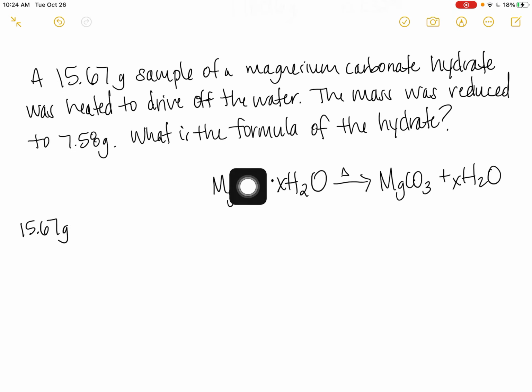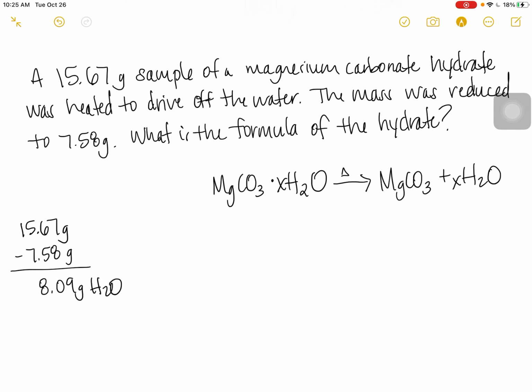This is the whole hydrate, and my 7.58 is what's left, which is the anhydrate. The difference between the two is going to give me the mass of the water. Hold on, I did not do this calculation ahead of time, so I'll have to do it as we're doing it. Okay, so we got 8.09 grams of the water.